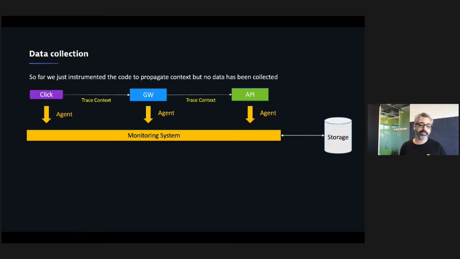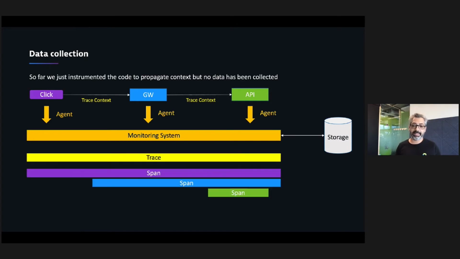This means someone installs an agent in the application, it runs inside the application, and this agent usually does the auto instrumentation, collects different kinds of metrics and trace information, and then reports that to the monitoring system. And from that, the monitoring system can again create this tree of spans. So of course you need some storage layer for that.